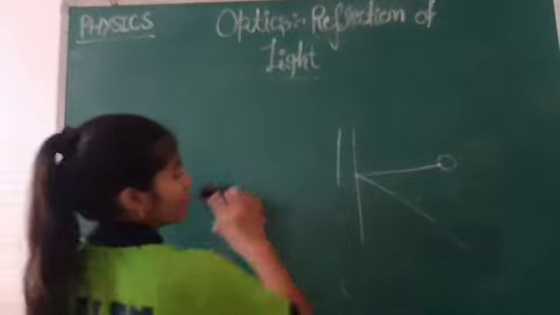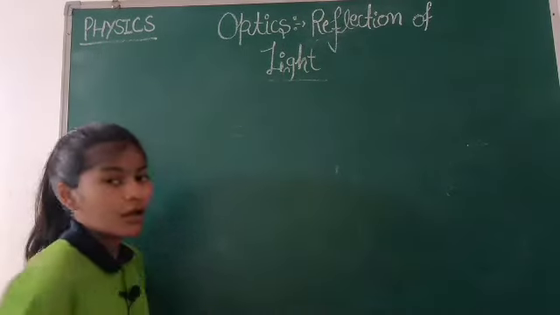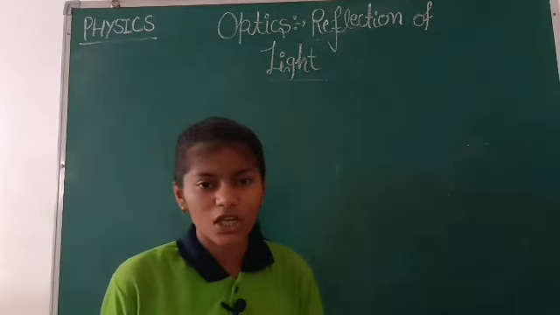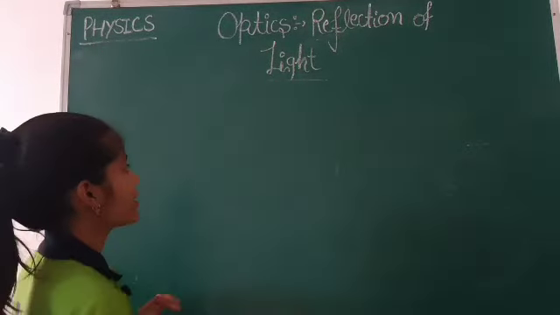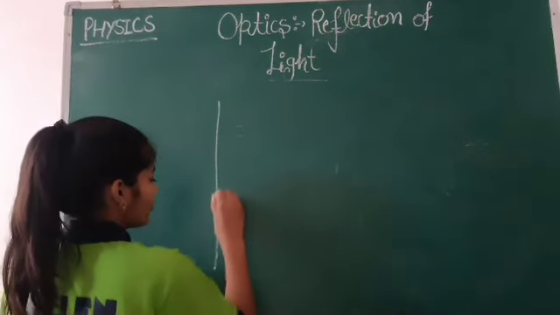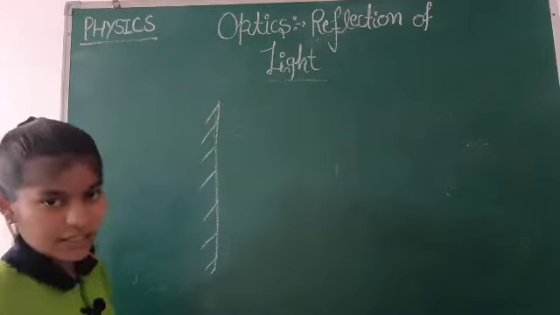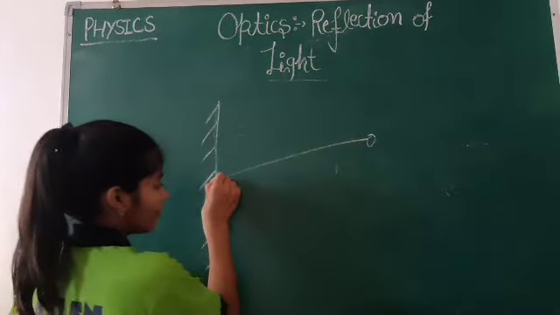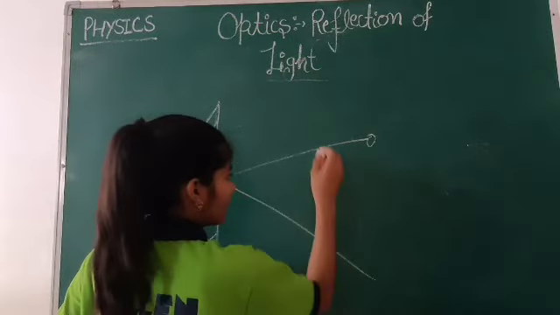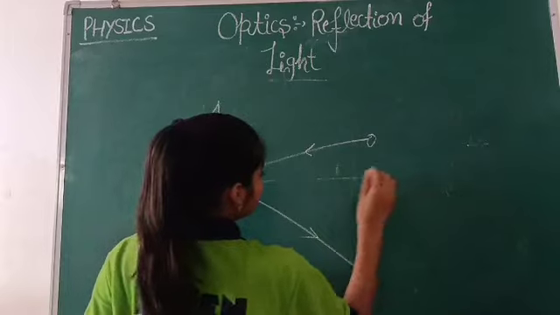After this object, we have a few terminologies. Before that, we have image. Now, what is an image? Image is basically the point when, let's suppose this is a mirror. Let's understand image. We have a mirror, we have a source, and the ray of light is coming like this, reflecting like this. We have normal.